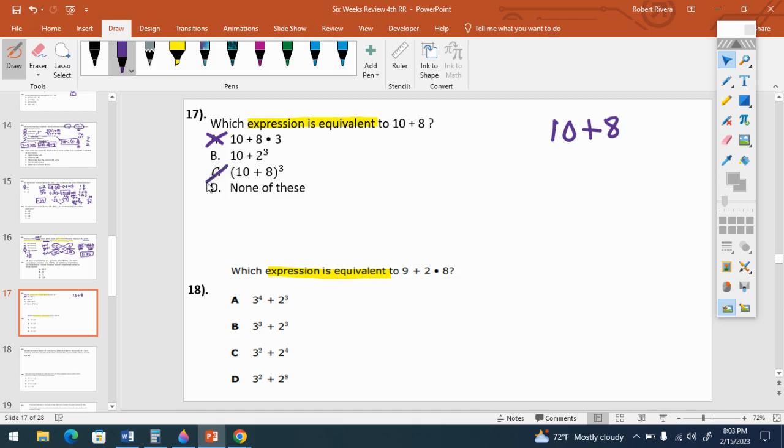The next one. At a rock gym, the cost C to rent a pair of climbing shoes for H hours can be represented by the equation C equals 3H. Create a graph. This time they want you to create a graph. As soon as I saw C equals 3H, I know it's multiplicative, guys.